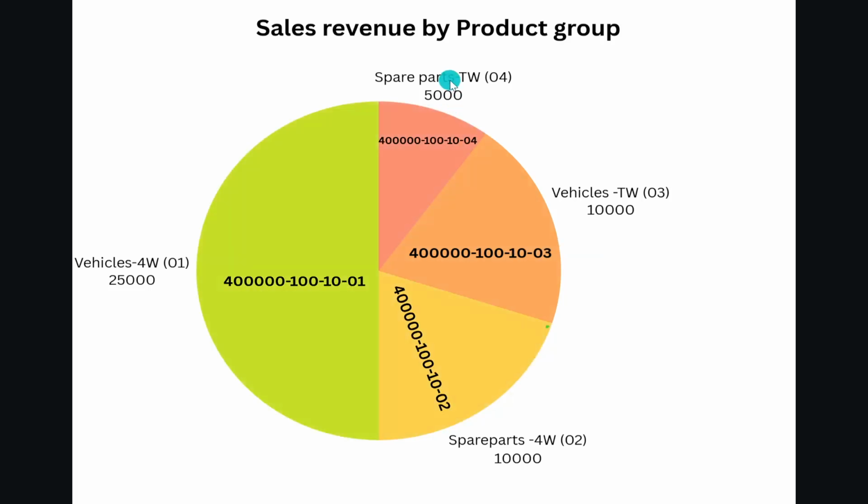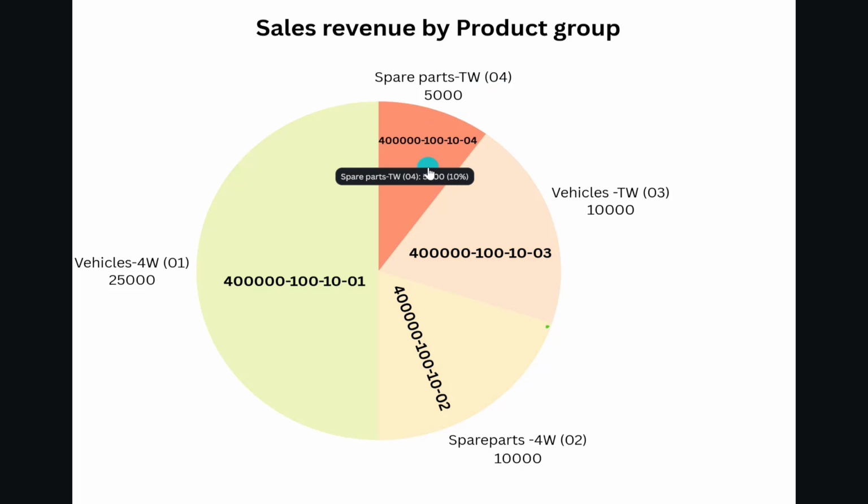The last segment in the pie chart is for spare parts of two-wheelers, which is $5,000.